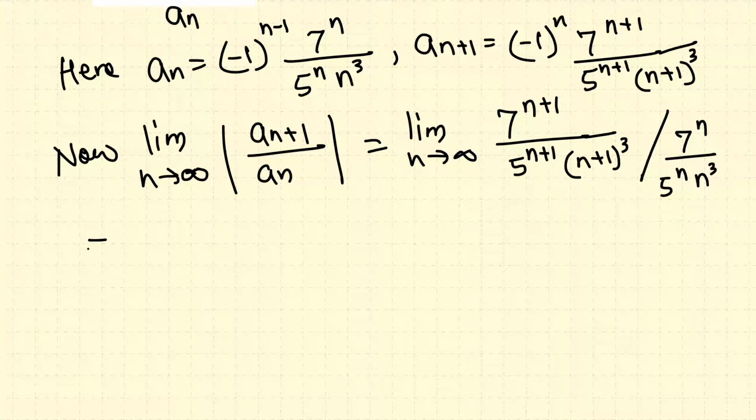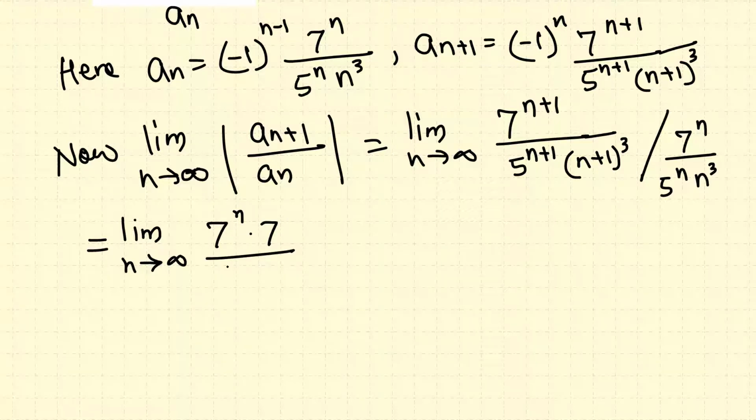So that limit is in fact the limit as n approaches infinity. 7 raised to n plus 1 is the same as 7 raised to n times 7 raised to 1, over the same thing, 5 raised to n times 5, and we have n plus 1 cubed. That's on the top.